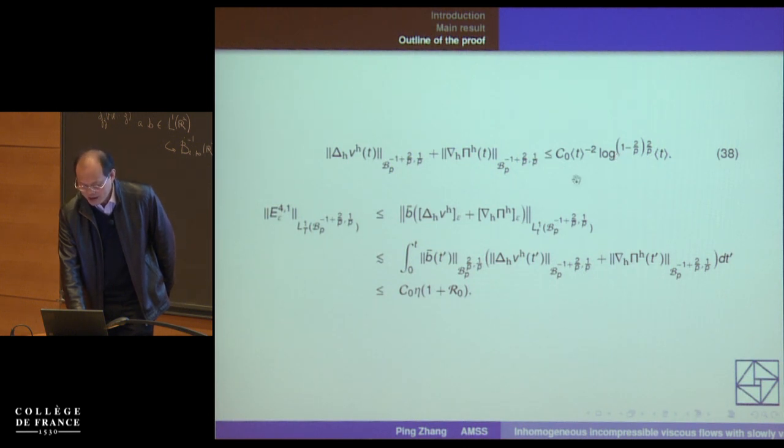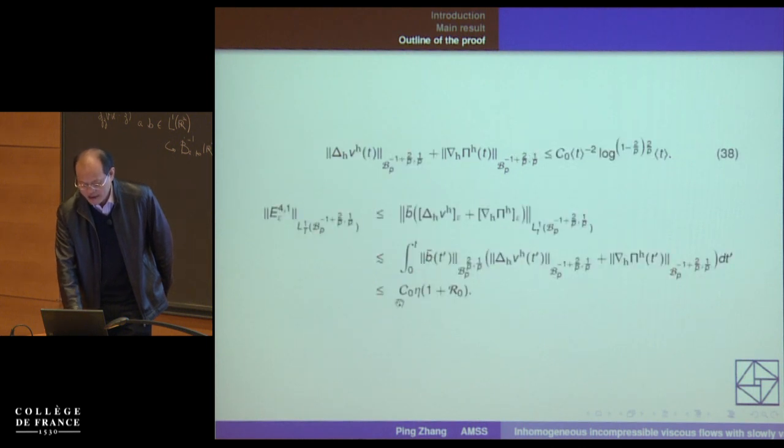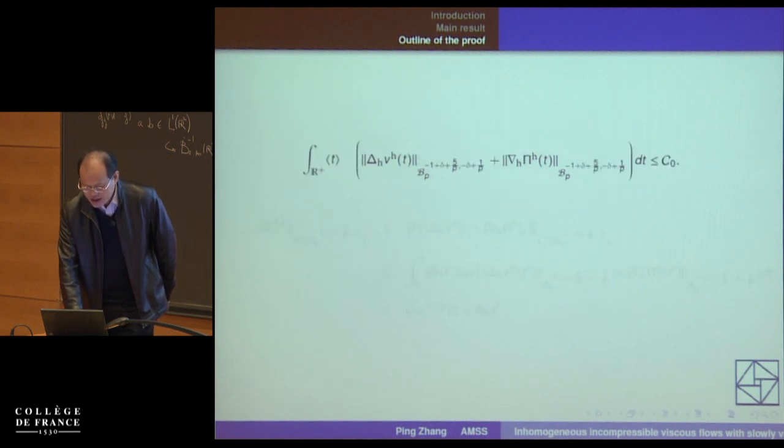So eventually, this decay will absorb this growth in time t. So eventually we can have this term controlled by C0 eta times 1 plus R0. And similarly for this term, we cannot prove this Besov norm decay estimate, but we can prove with this weight, this term should be bounded.